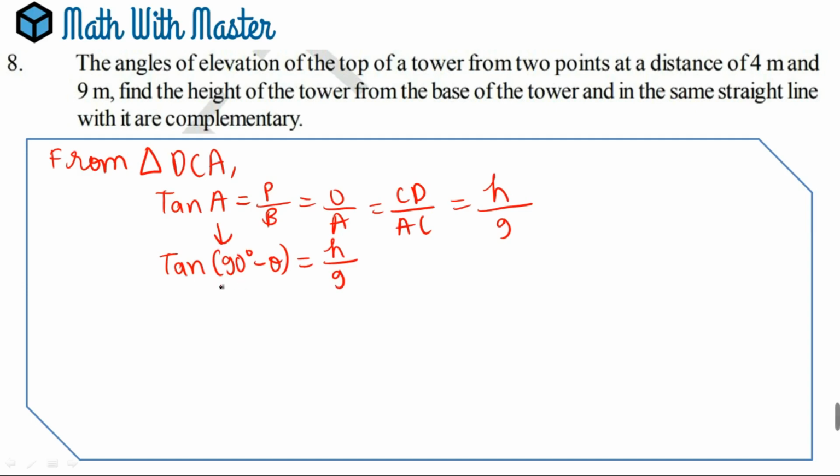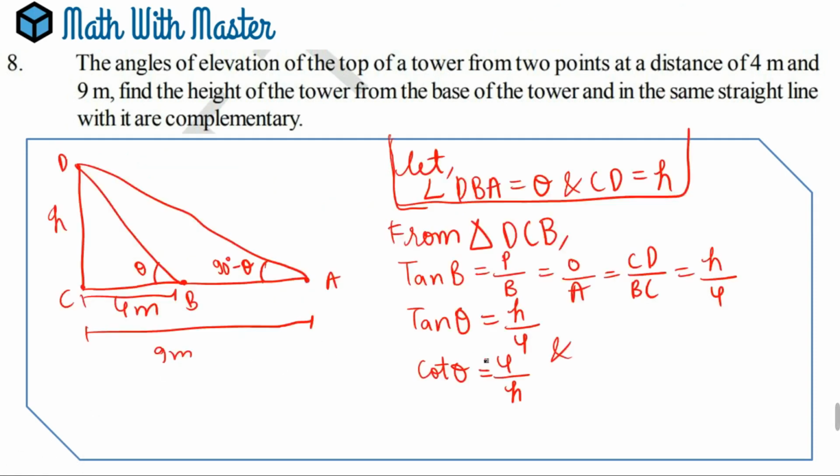So now what is tan of 90 degrees minus theta? Tan of 90 degrees minus theta is equal to cot theta. So cot theta is equal to H by 9.